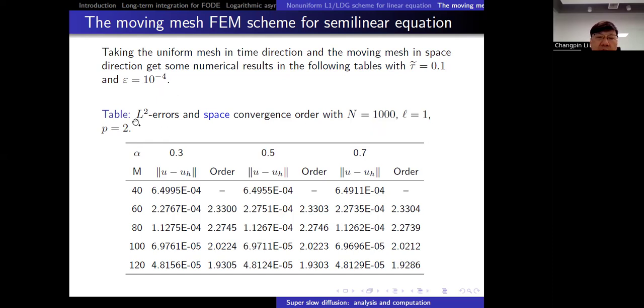We find the two errors and the space convergence order. This is the linear element, and p is the power of u. We find here that the space convergence order is 2, almost 2.